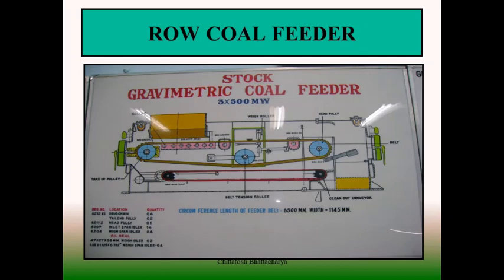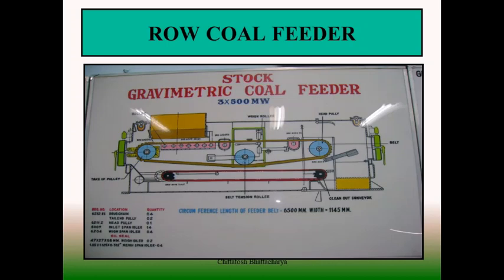Gravimetric coal feeders are belt driven coal feeders. They have two pulleys, one is the take up pulley, another is the head pulley, and across these pulleys the belt is running, and there is a belt tensioning arrangement.